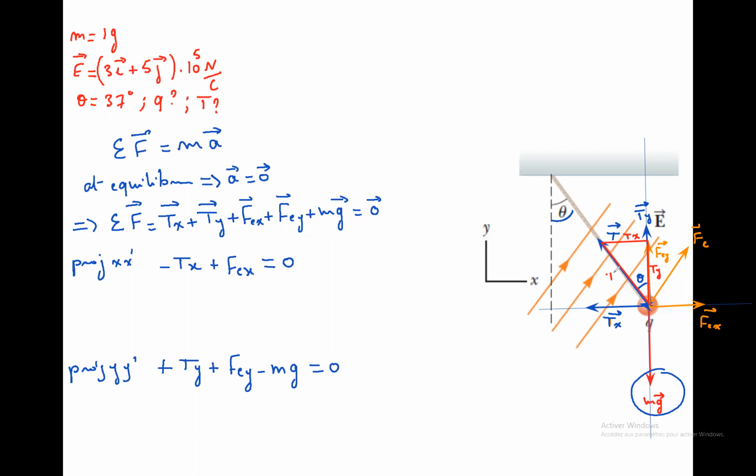And here we have T. So to calculate Tx, we have to take the sine theta, the opposite side. So Tx equal T sine theta plus Fex.